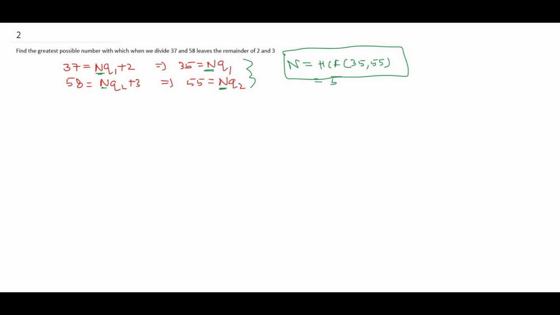Similarly, 58 is equal to N Q2 plus 3, that is 55 is equal to N times Q2. Observing these two carefully, N is what we require. So N is nothing but the HCF of 35 and 55, which is equal to 5. Again, after some practice, you can directly use it as a formula.